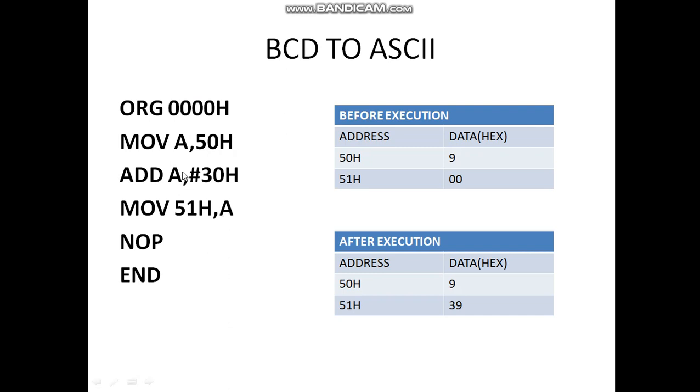Whatever data is there in 50H location, that is 9, is moved to the accumulator. Here the accumulator content is added with the immediate data, that is 30H. So 9 plus 30H gives the result 39H, and the result is stored in 51H location. This is how BCD to ASCII conversion takes place.